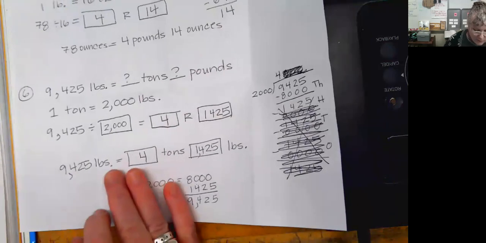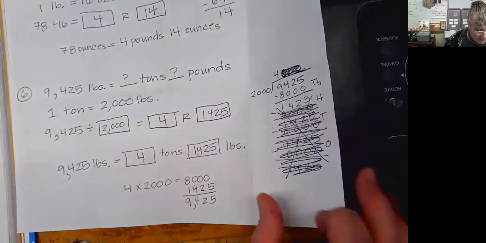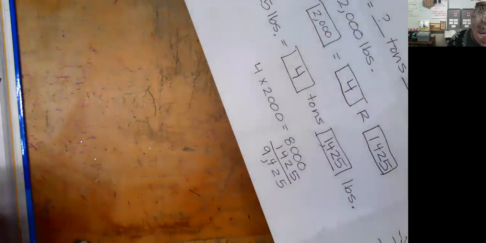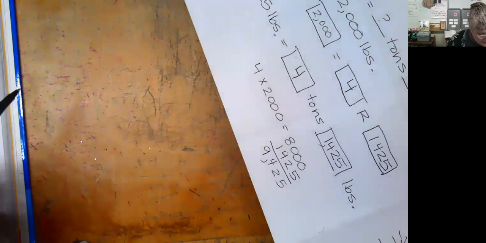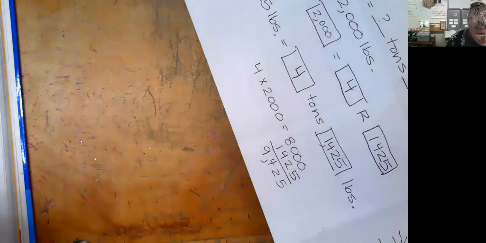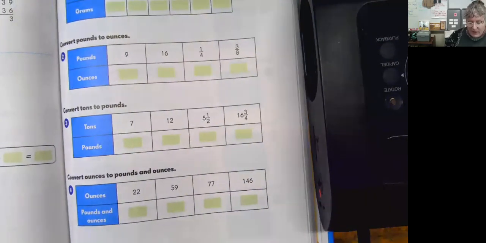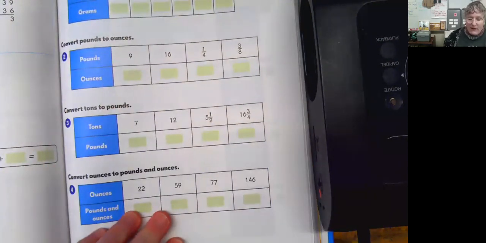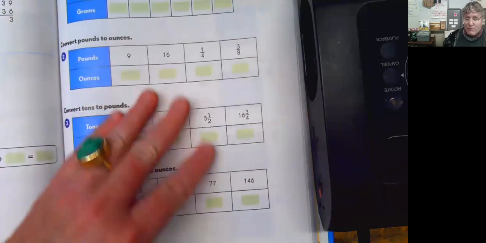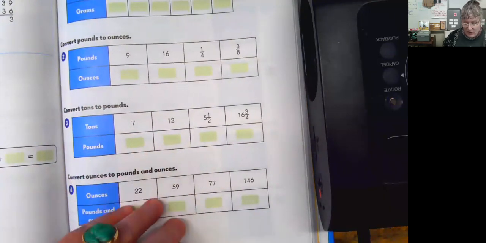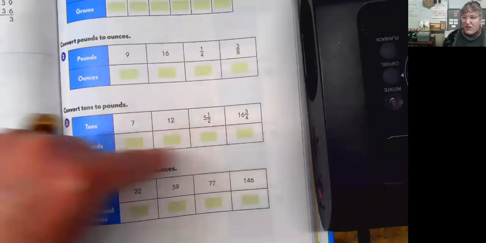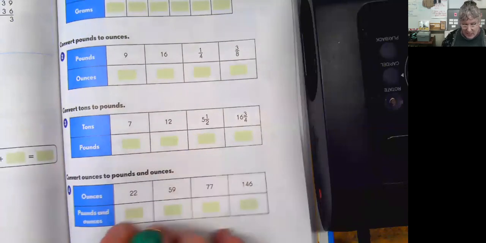So if you're feeling a little bit confused about this, don't worry too much because there's plenty of practice. One of the good ways of practicing is that they're going to give us a whole bunch of these conversion tables. And these are really a fun way to practice because you get to do the same problem a few times. So you really get used to it.